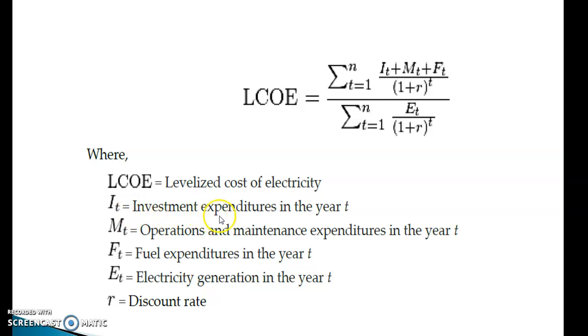I_t is the investment expenditure in a year. M_t is the operation and maintenance expenditure in a year. F_t is the fuel expenditure in the year. E_t is the electricity generation in the year. r is the discount rate.